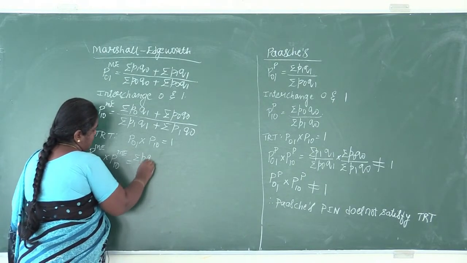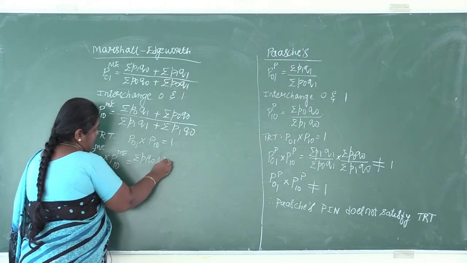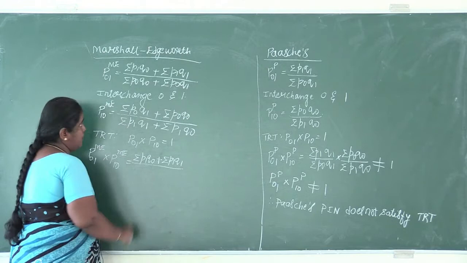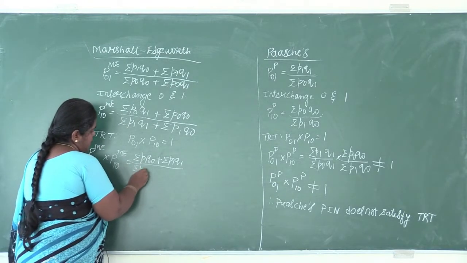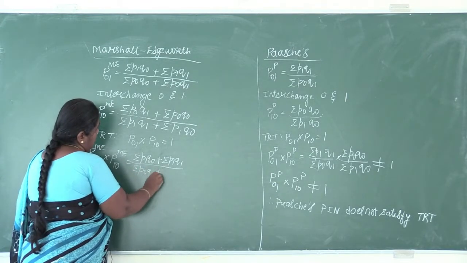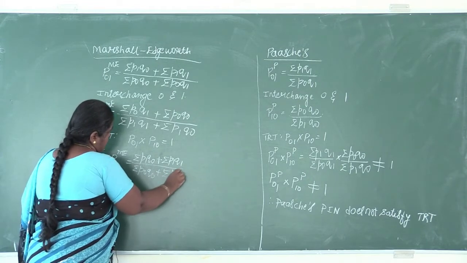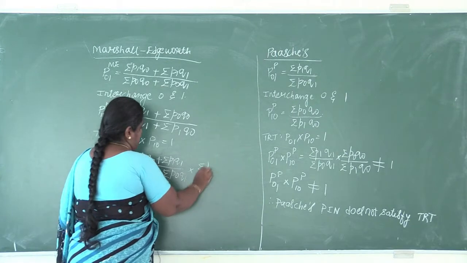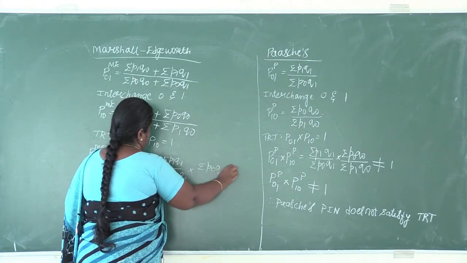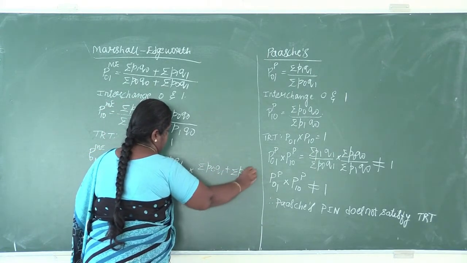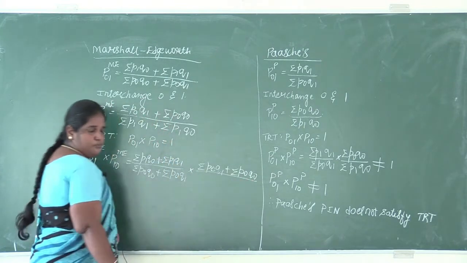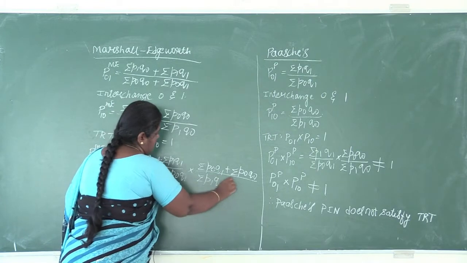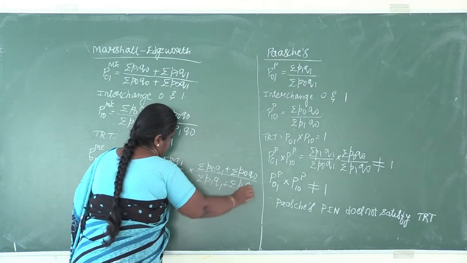So it is sigma P1 Q0 plus sigma P1 Q1 divided by sigma P0 Q0 plus sigma P0 Q1 into sigma P0 Q1 plus sigma P0 Q0 divided by sigma P1 Q1 plus sigma P1 Q0.